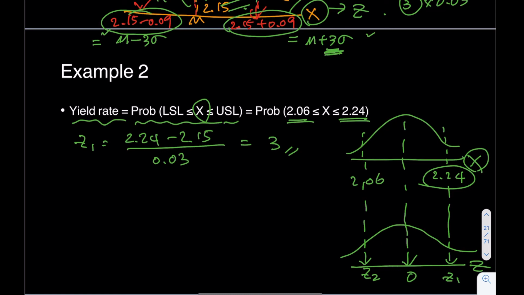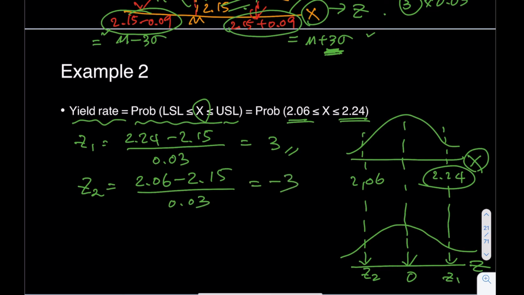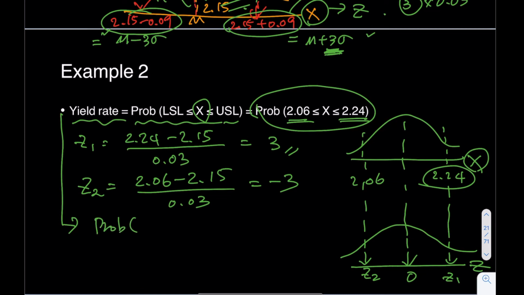And for Z2, similarly, you find 2.06 minus 2.15 over 0.03, and you will get minus 3. So we easily figure out the yield rate is the probability, not of X but now of Z, being between minus 3 and 3.